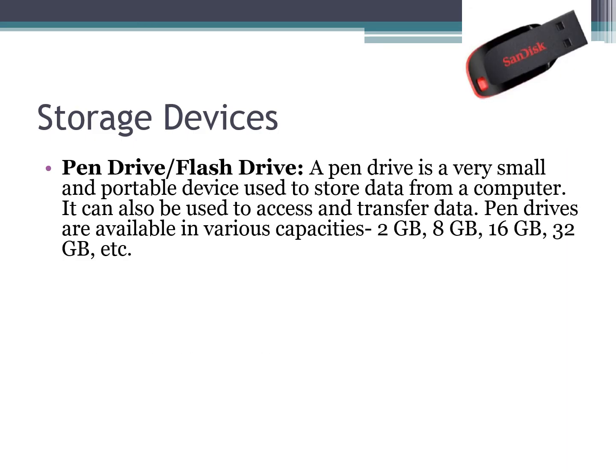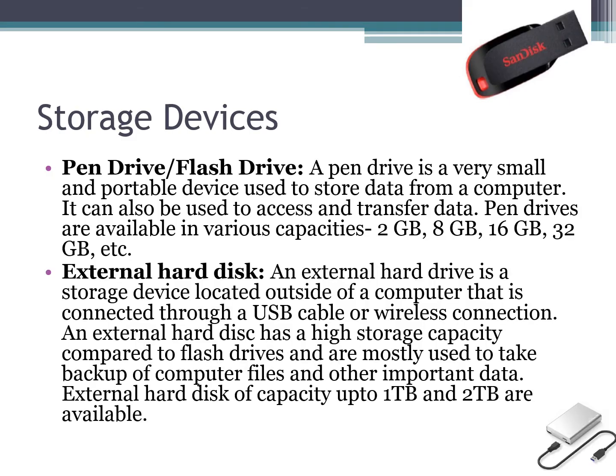You must have come across pen drives. Now these pen drives are very portable because they are very small. So you can easily carry them anywhere, and they can be very helpful as they have various capacities, like you can store data up to 2 GB, 4 GB, 8 GB. So there are various variants of pen drives.